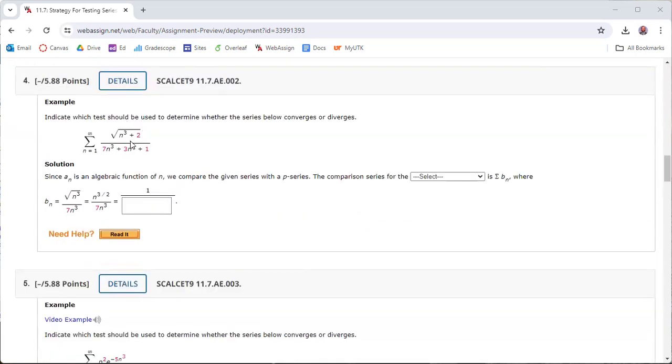What about this next one? Okay, looking at this, as n gets large, that's going to tell us what happens with the series. And as n gets large, upstairs, we essentially have n cubed square rooted, which is like n to the 3/2. And downstairs, we've got like 7n cubed as n gets large. The other terms are going to be inconsequential.